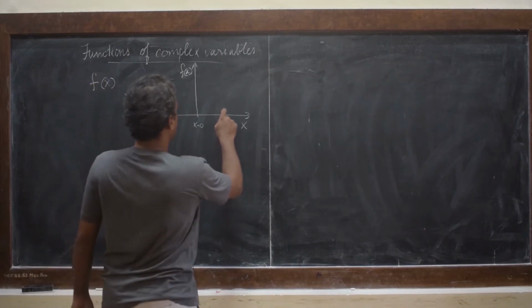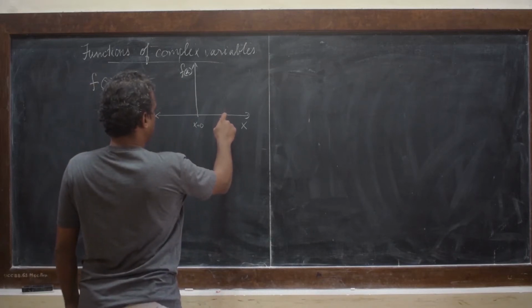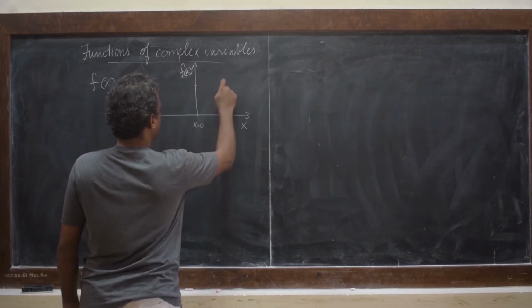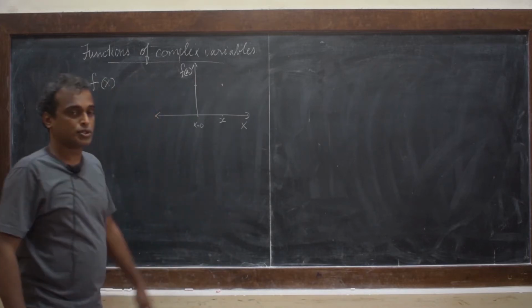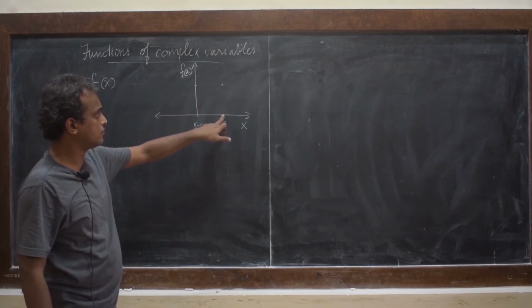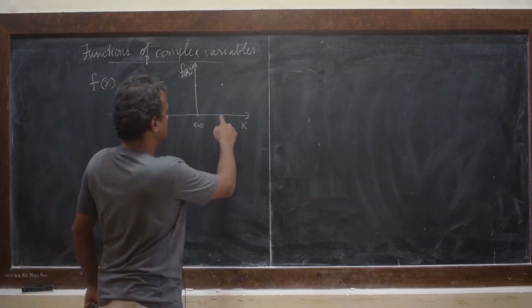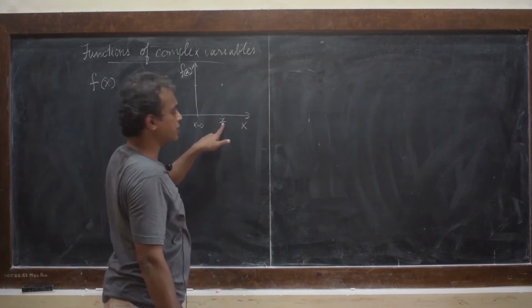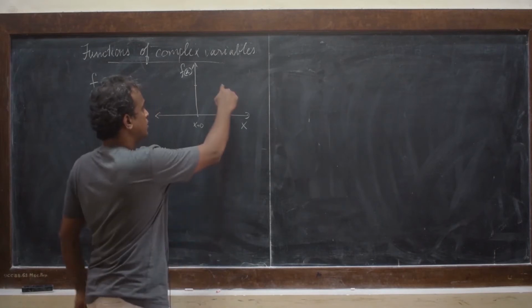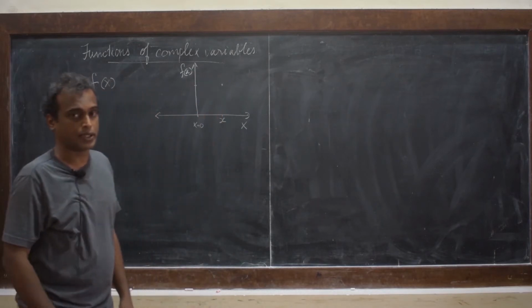For instance, if for the point x the value of f of x is this, then I could use a point, a dot at x corresponding to that particular value to denote that function at that point.